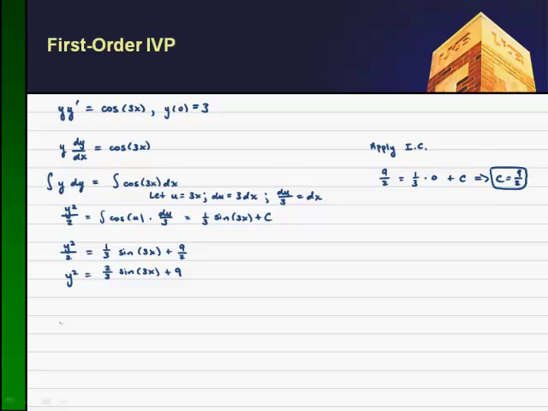It's positive, it's at 3, because if I take the root of both sides, I get a plus minus on the right hand side. But since the y value is a positive 3, then it must be the positive root. So I get y is equal to the positive root of 2/3 sine 3x plus 9.